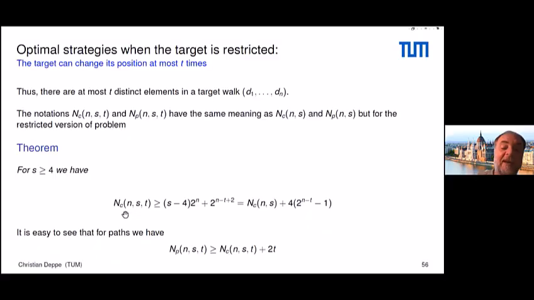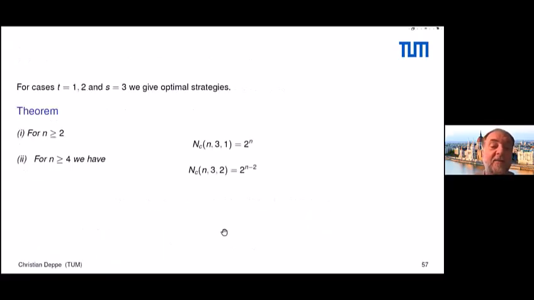And of course, you get some advantage because if you see it can only move 2 times, then we got these two formulas here. That's another result we get here.